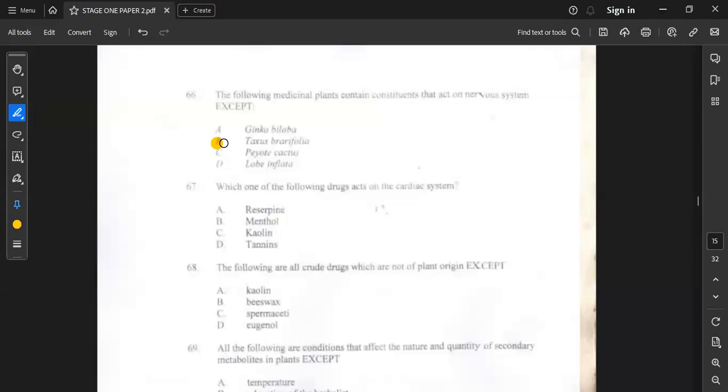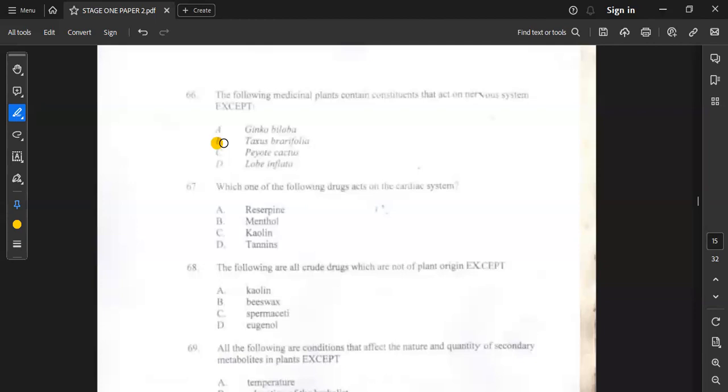Or should we move on? Which one of the following drugs acts on the cardiac system?